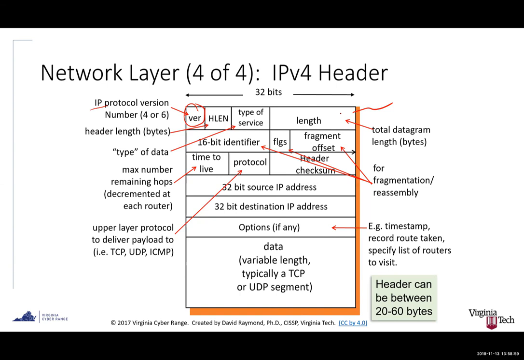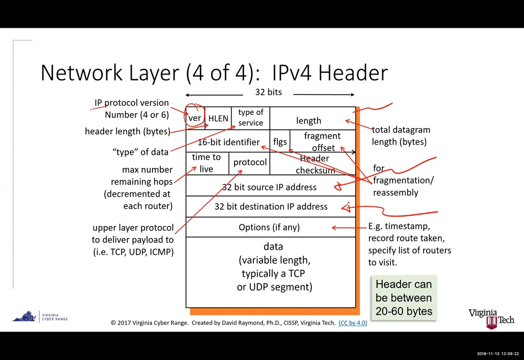You have identifiers, you have some flags, you have all kinds of various important IP header fields that we're not going to talk about because you don't really need to know about them unless you're delving deep into computer networks. But really the important part of the header, as far as we're concerned, is the source address and the destination address, right?